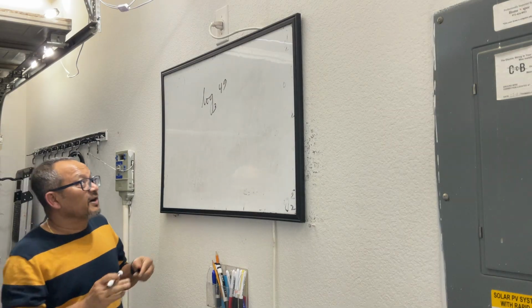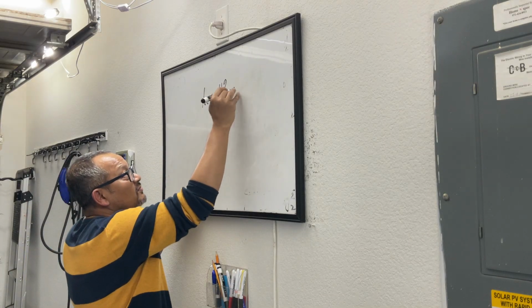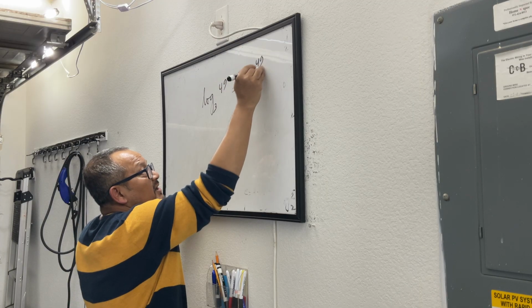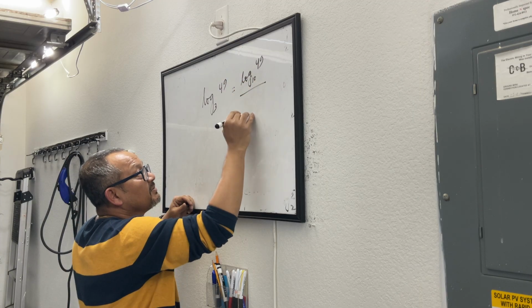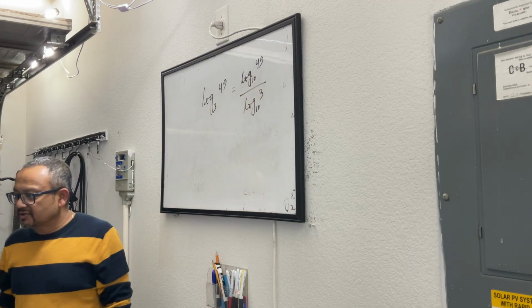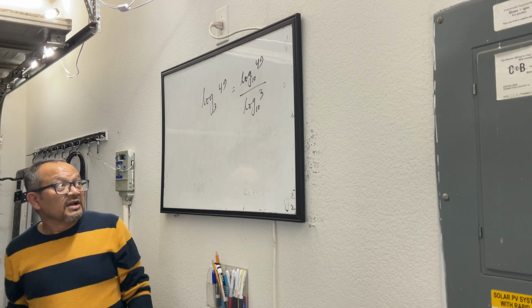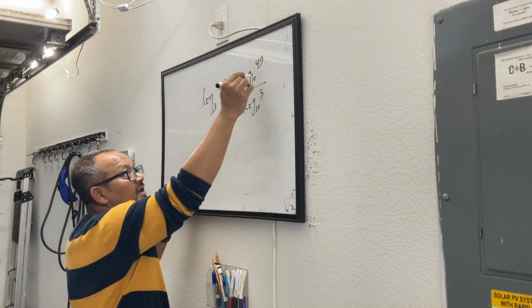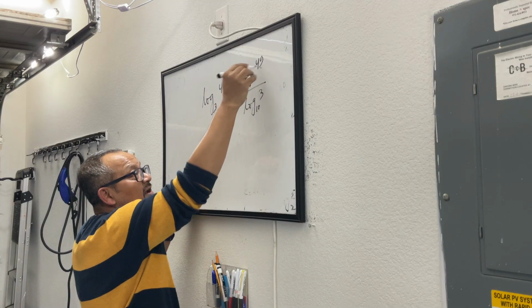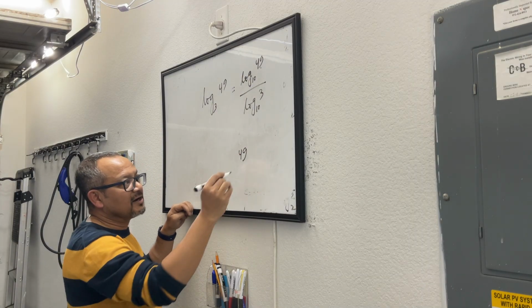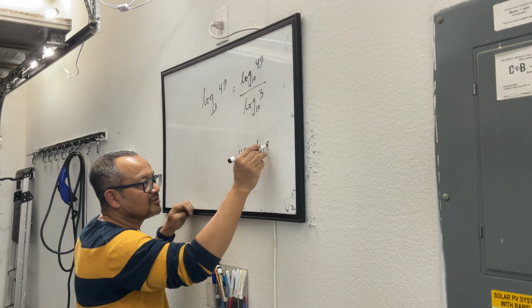You will say, okay, fine, I will rather convert this into log of 49 base 10 divided by log of 3 base 10 using this property. Now I take my calculator out, press 49 on the keypad and then press the button log.